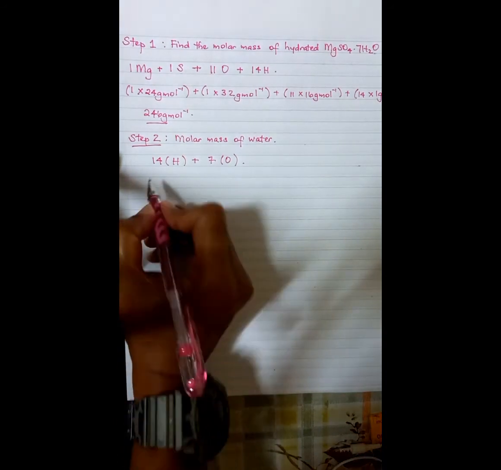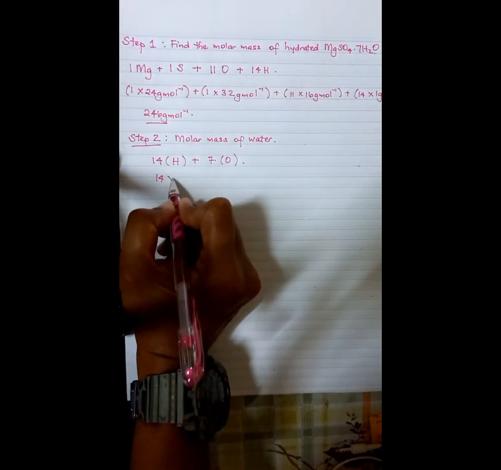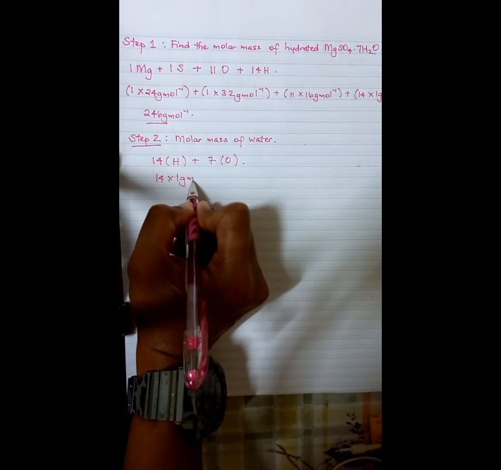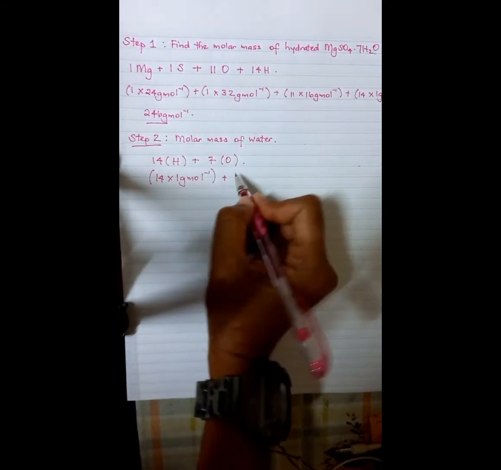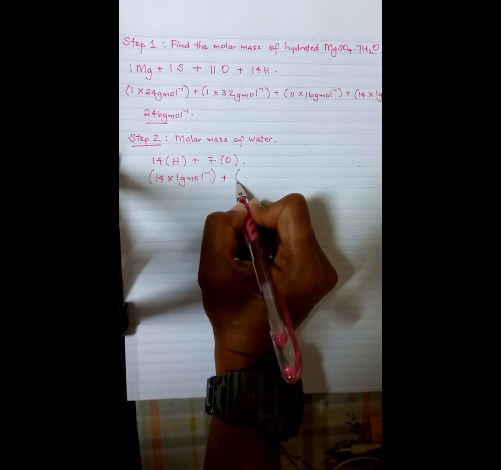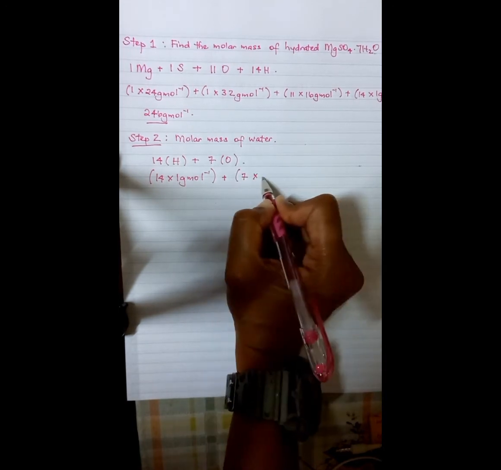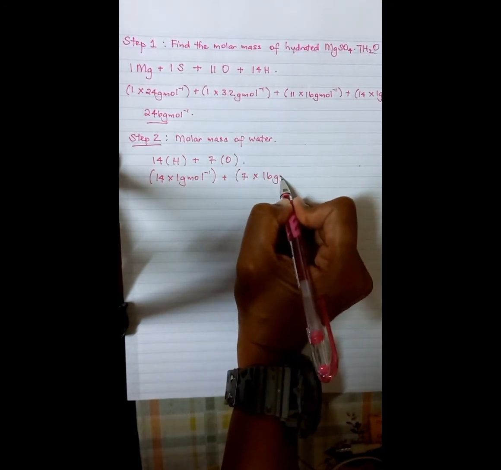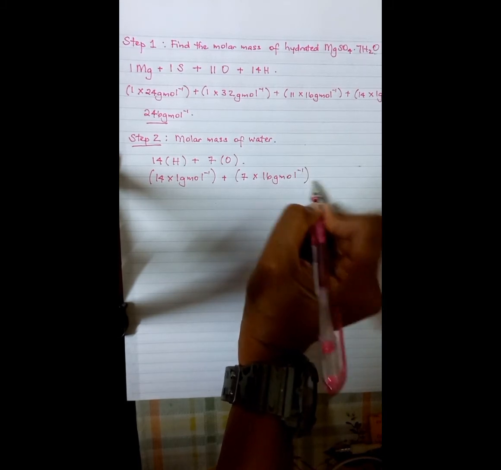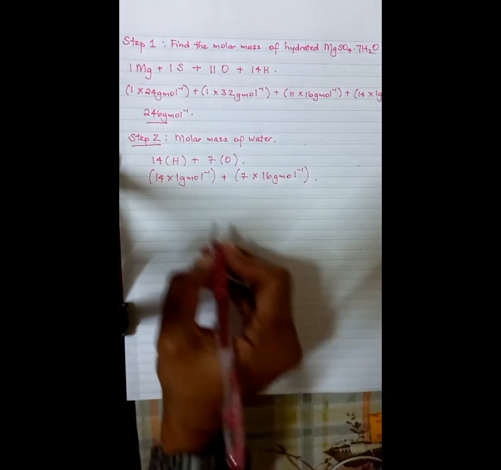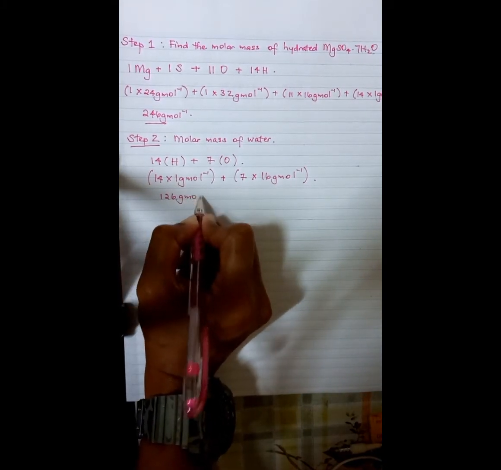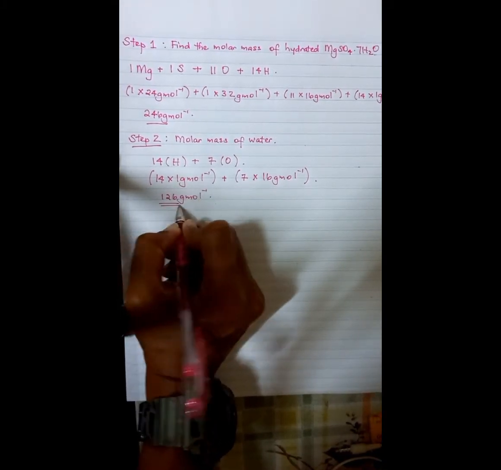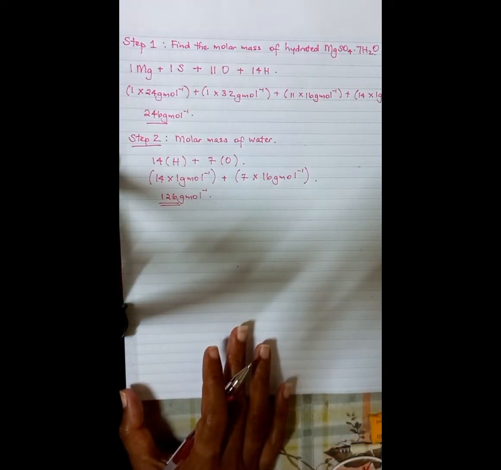So that is 14 multiplied by 1 gram per mole, the molar mass of hydrogen, plus 7 multiplied by 16 grams per mole, which is the molar mass of oxygen. So your total comes to 126 grams per mole. That is your molar mass of water.